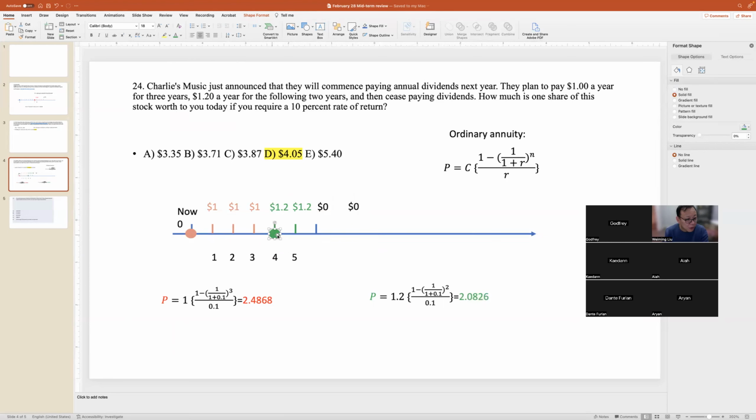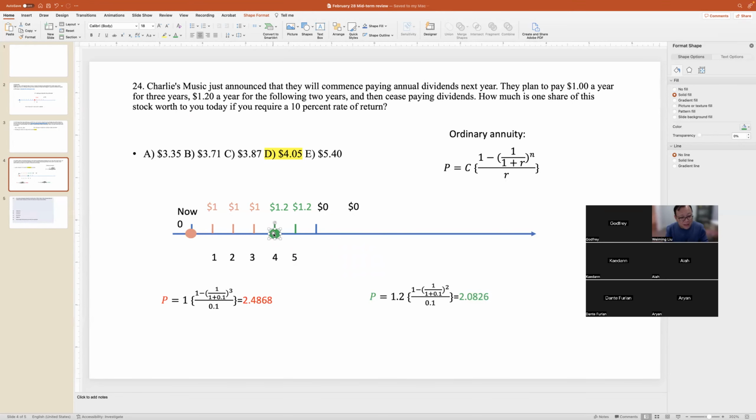If you put it here, you disqualify this ordinary annuity, because the ordinary annuity represents cash flow at the end of each time period. That's the ordinary annuity. If the cash flow happens at the beginning of each time period, that would be called annuity due, right?